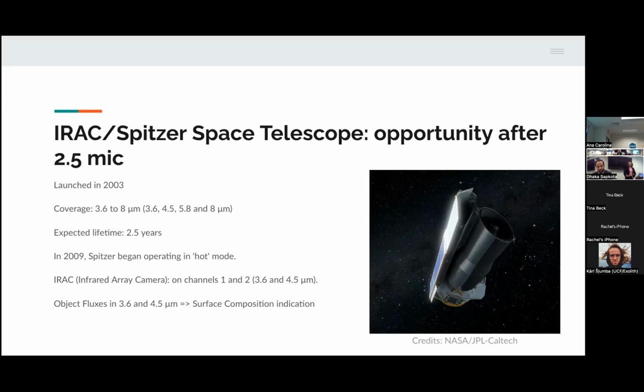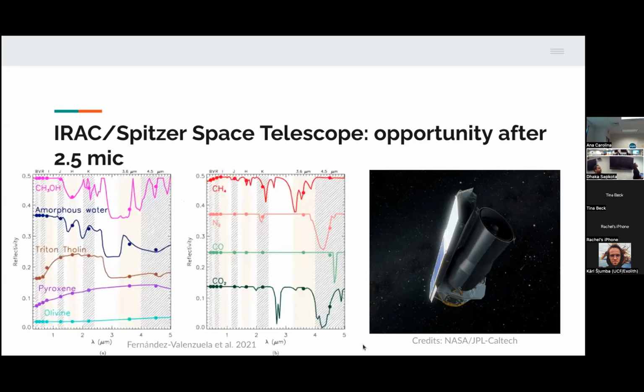In 2009, the cryogenic liquid was gone, so it started to operate in the warm mode. In that case, channels 3 and 4 were gone, and only channels 1 and 2 remained. What was done was to measure the flux in these two channels to see what information we could get.